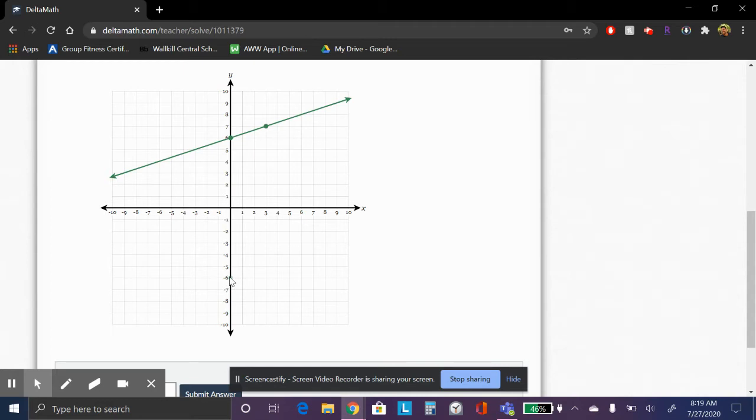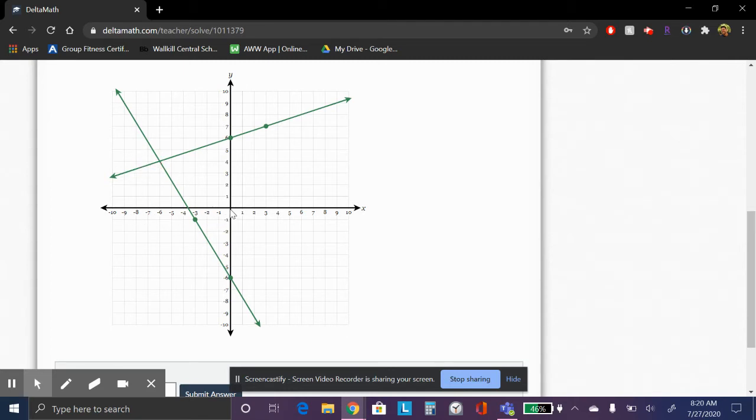I can't go all the way down 5 to the right 3, so I have to go up 5 and to the left 3. And what you'll notice is that they intersect at this point right here.